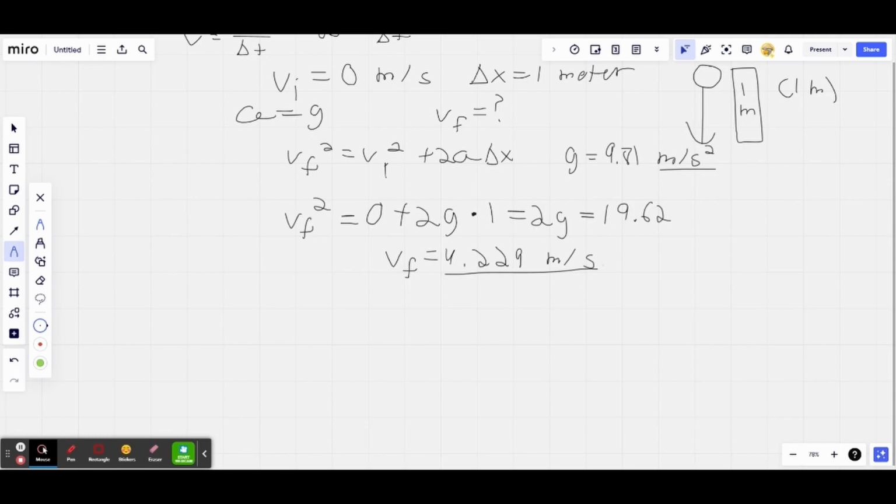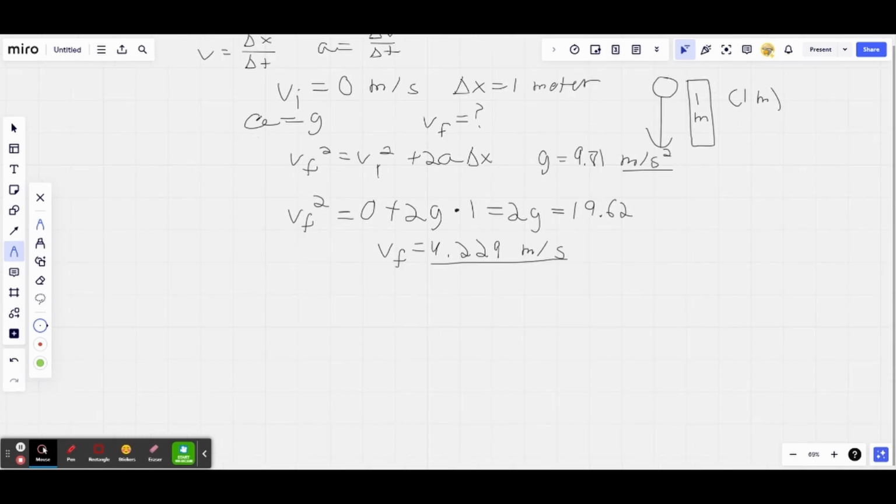However, if the problem said that the positive direction is pointing upwards, then the displacement of the ball would be negative 1 meters because displacement has both magnitude and direction, and since velocity is equal to change in position over change in time, velocity also has magnitude and direction. So if the positive direction is pointing upwards, you would get a final velocity that is negative.